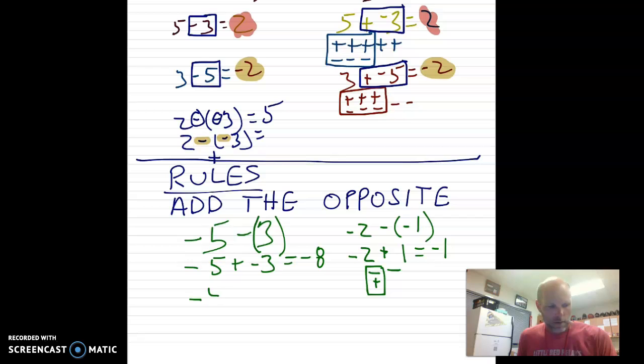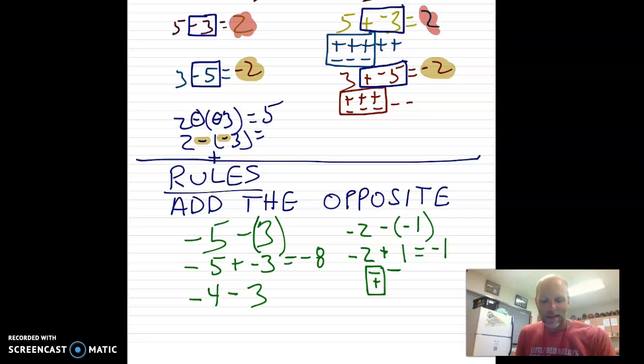-4 minus 3. Let's flip that. Let's add the opposite. Okay? Now, you may already know this answer because whenever we talk about minus, that means change direction. Well, we're already going in a negative direction because we're going to -4. So really, we're going to keep going in a minus sign type direction.